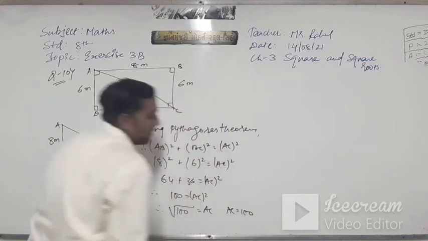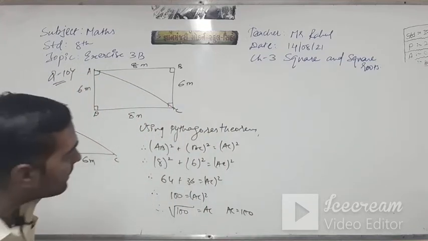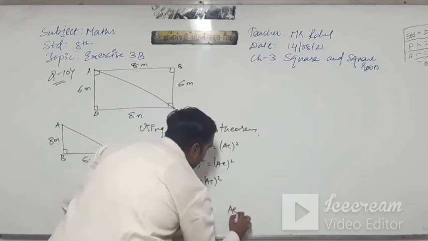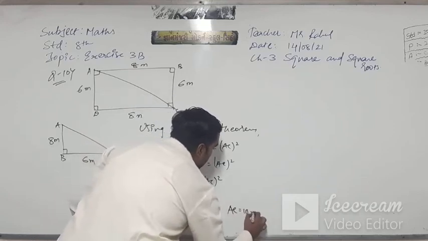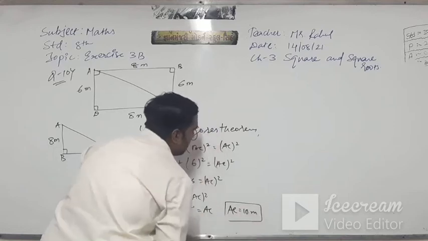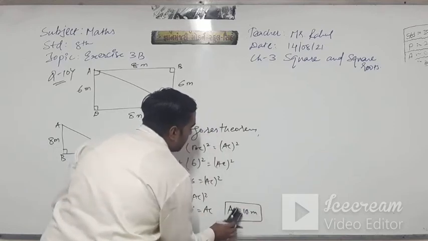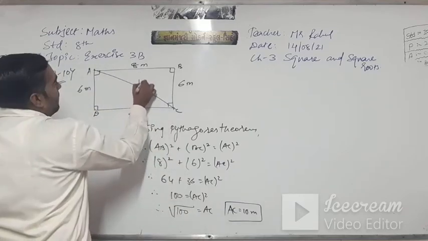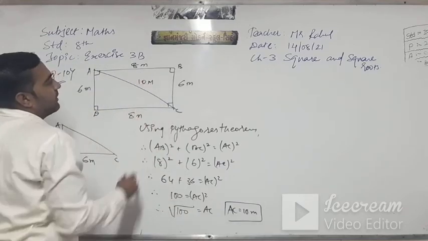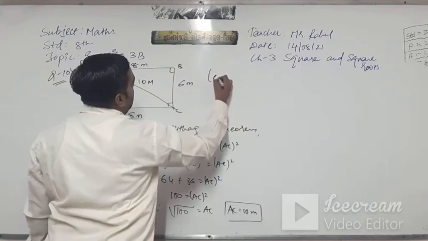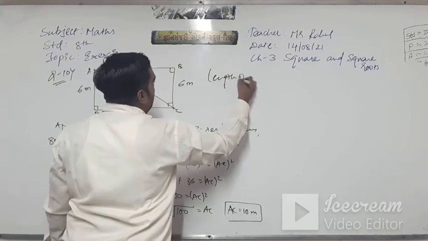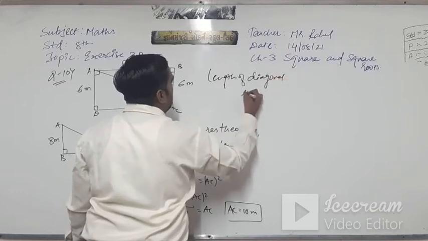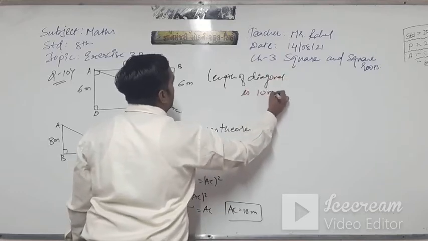So my length of AC is 10. So the length of the diagonal is 10 meters.